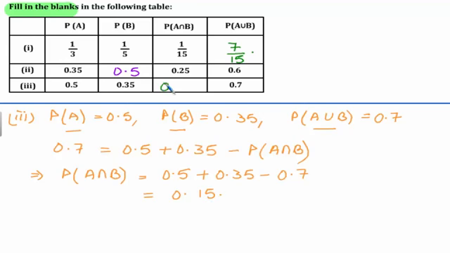Hence here we have 0.15 as the probability of A intersection B. So this completes the table and the solution.